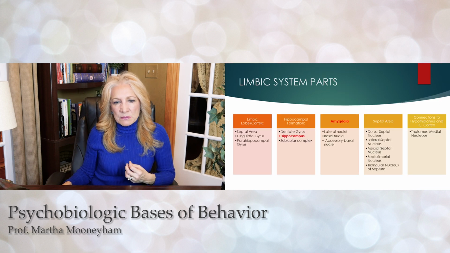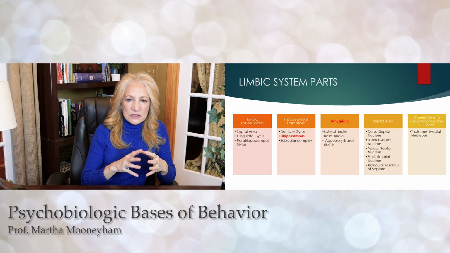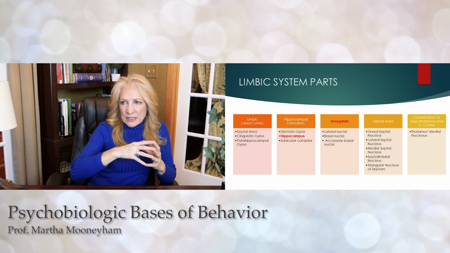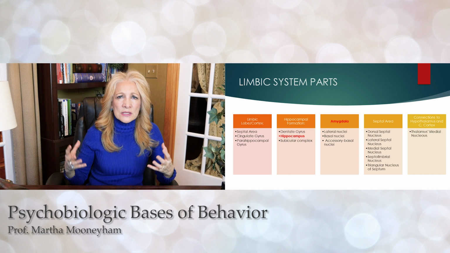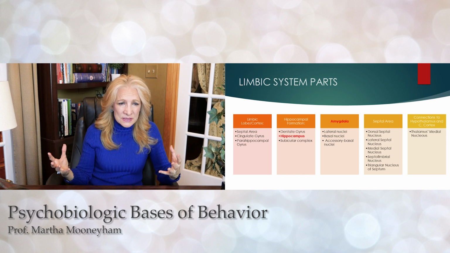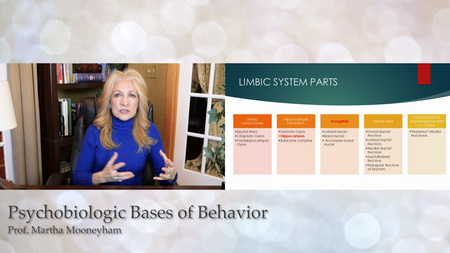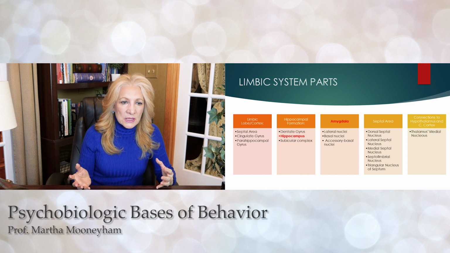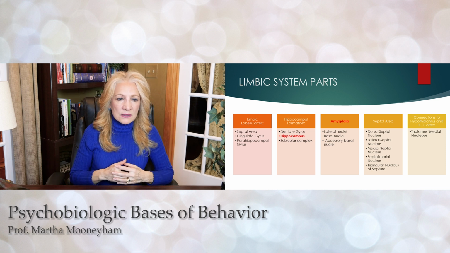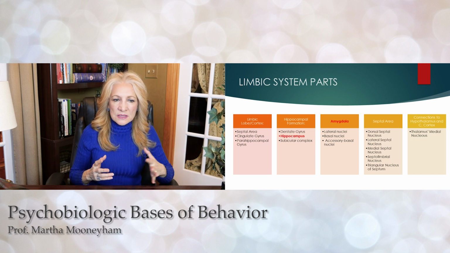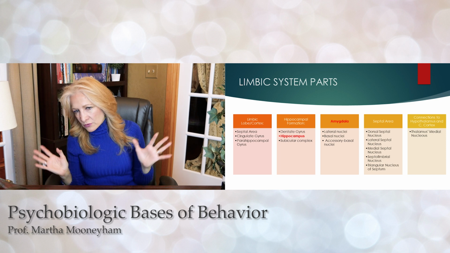So the limbic system parts, again, I don't expect you to memorize every single part of the limbic system, but to at least have a general idea of what's happening in the limbic system, because this is crucial for us to understanding behavior. So the limbic cortex, septal area, cingulate gyrus, they all have wonderful functions.